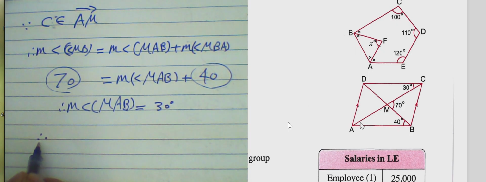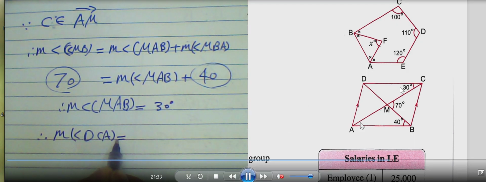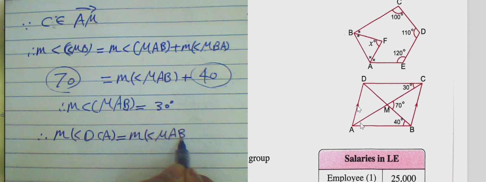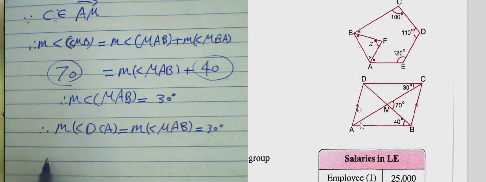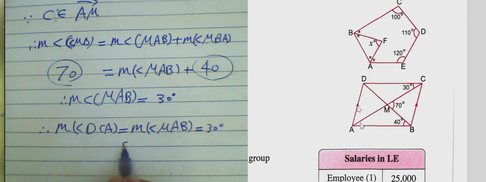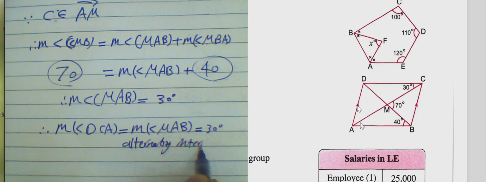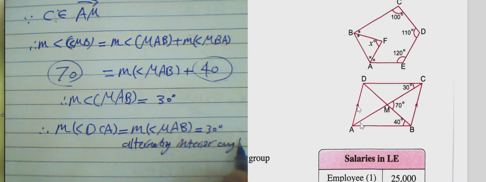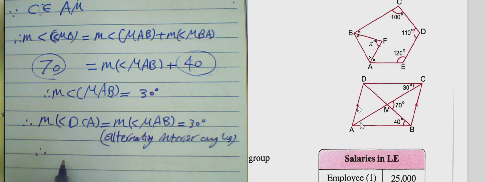And then we found here the measure of angle C equals the measure of angle A, alternating angles. Then the measure of angle MAB equals the measure of angle DCA, which equals 30 degrees, alternating interior angles. Then DC is parallel to AB.